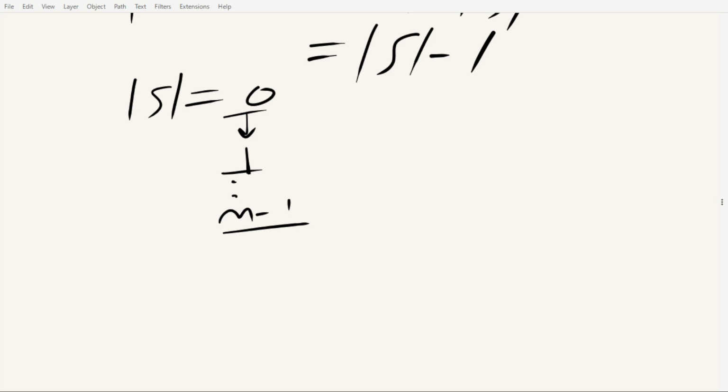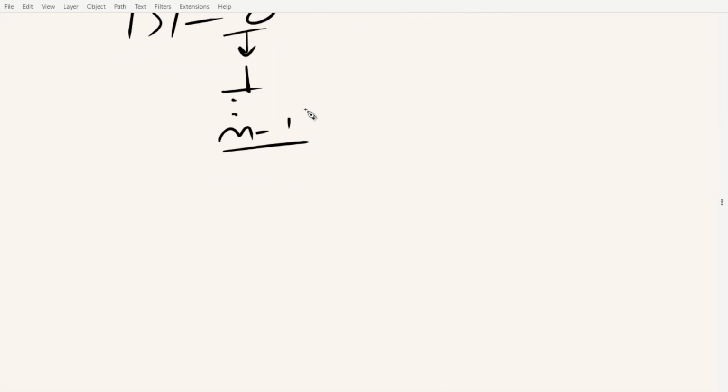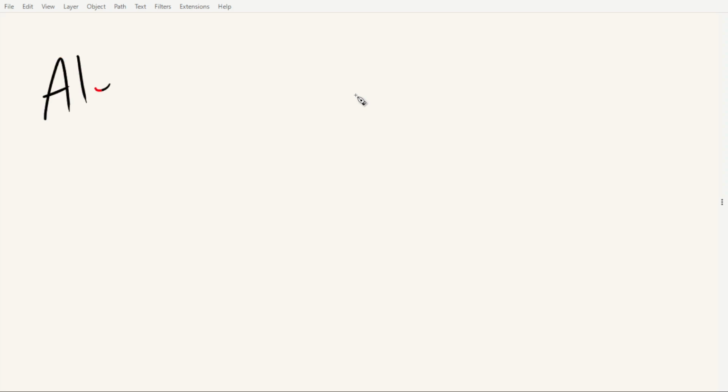So I will write the algorithm, then we will find its time and space complexity. First I will write the algorithm. Call it TSP.